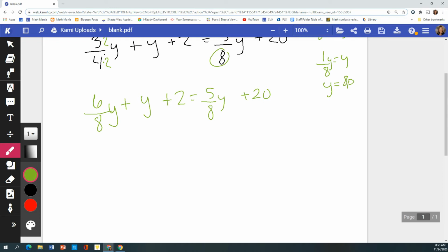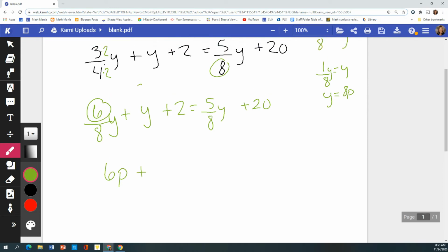So we can see we have 6 of the parts, and then we know we have, this would be the same as 8 out of 8 y. So we have 8 of those parts here, because that gives us one whole of the y, plus the 2, and we see here we have 5 of the parts, plus the 20.